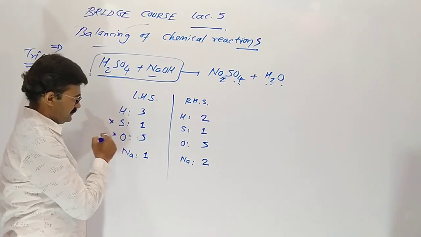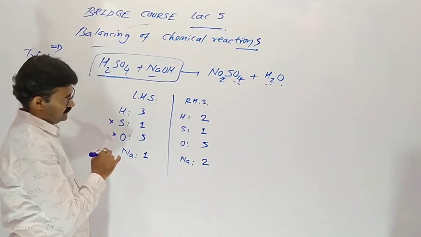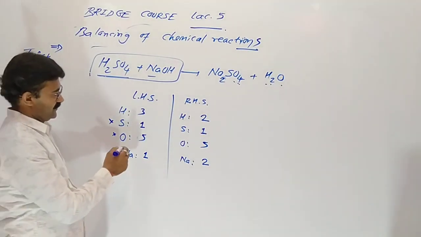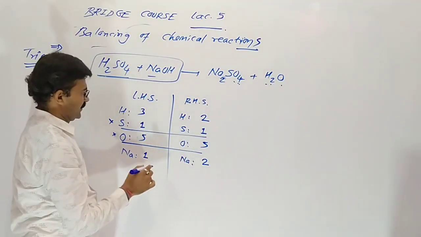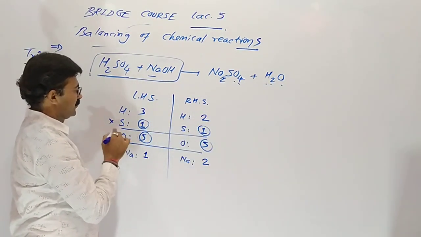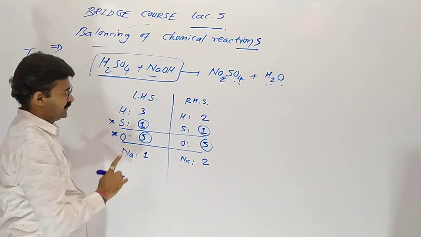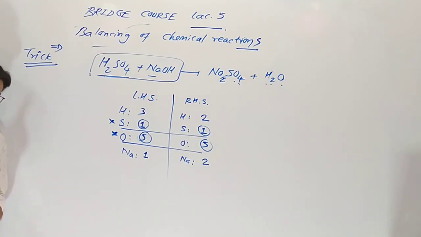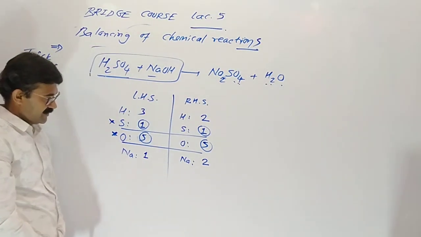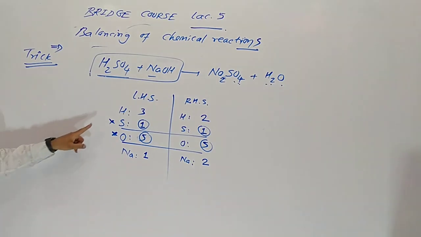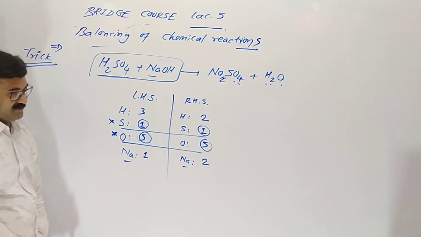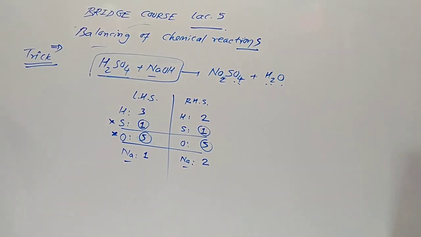Now, which elements are the same? Sulfur and oxygen. So never start with them. Sulfur and oxygen have the same number of atoms, so never start balancing with those elements. Never start balancing whenever elements are the same. We have to start with a different number of atoms of the element.